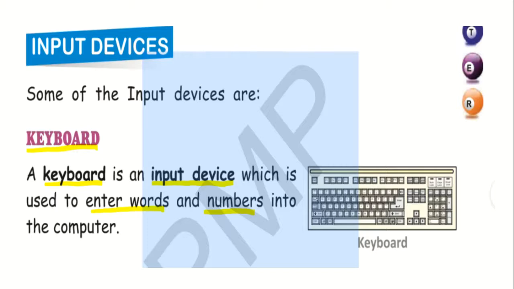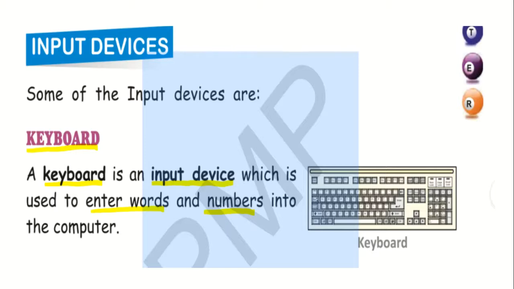And also, children, some special characters. So what is a keyboard? A keyboard is one of the most commonly used input devices, and it is used for typing letters and numbers along with some special characters.